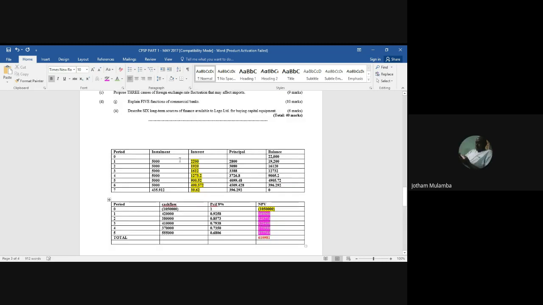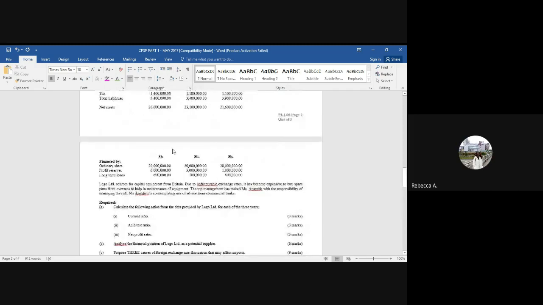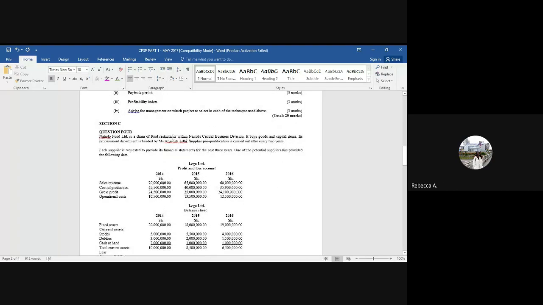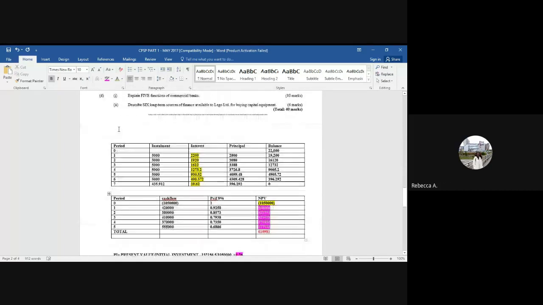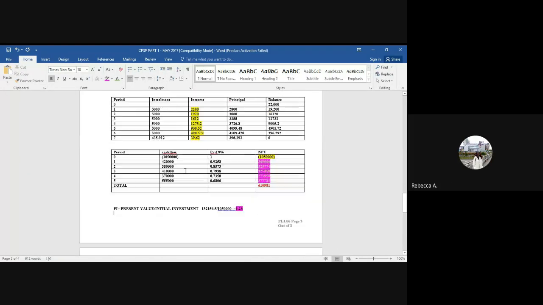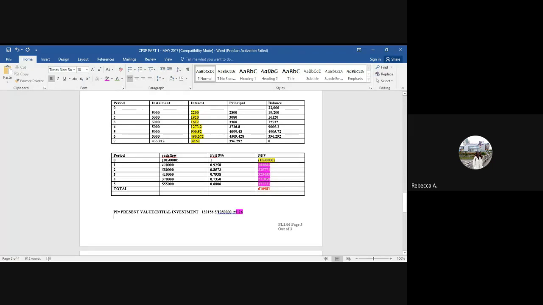Now, still on the same question, though it was not asked here, let's try to do accounting rate of return. For us to get the accounting rate of return, we'll only need to get this total cash flow.